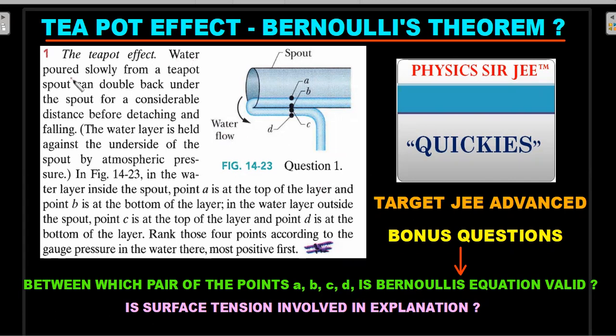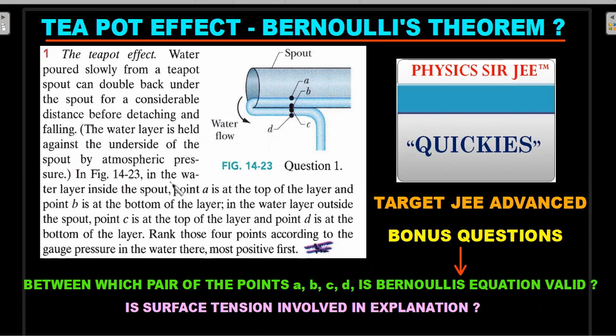The teapot effect: water poured slowly from a teapot. Here he has assumed that the spout is completely horizontal and can double back, meaning going like this. Under the spout, for a considerable distance before detaching and falling, the water layer is held against the underside of the spout by the atmospheric pressure.